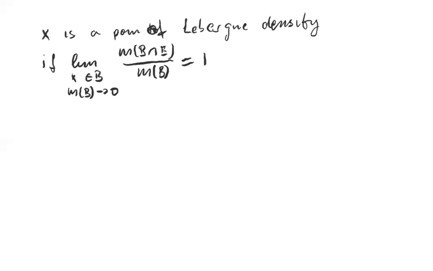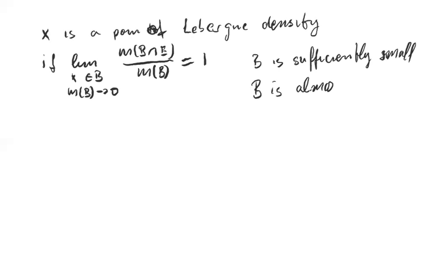That tells you that if B is sufficiently small, then B is almost a subset of E, since the measure of B intersected E and the measure of B are very close to the same value.